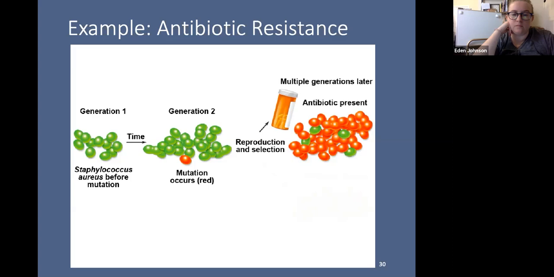It's important to realize that natural selection works on the variation already present in a population. For example, if all individuals in generation 2 were equally vulnerable to antibiotics, then administering antibiotics would not change the frequency of resistance in the next generation. That is, antibiotics do not create antibiotic resistance in the bacteria. Rather, a random mutation occurred before the bacteria were ever exposed to antibiotics.